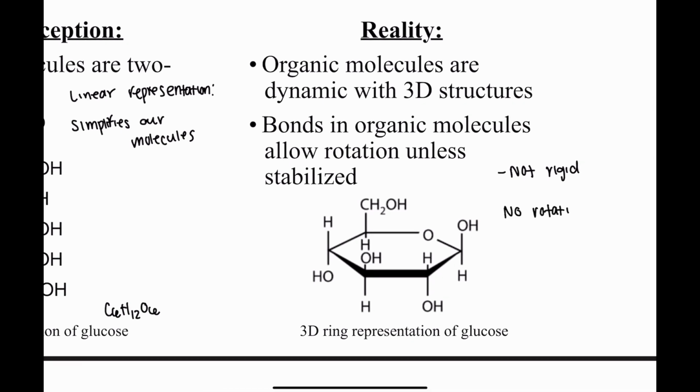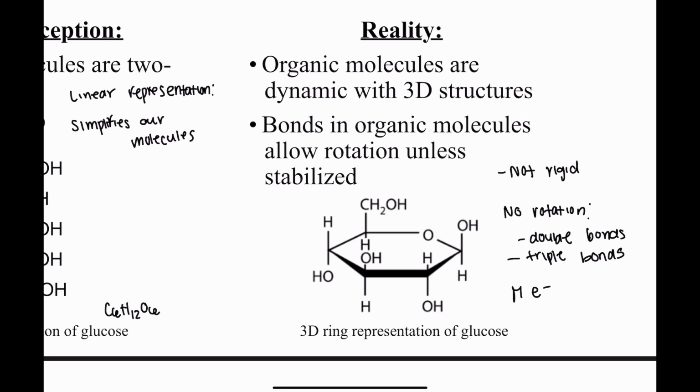So there is no rotation when there are double or triple bonds. Bonds, when they are double or triple, don't allow rotation because they have something called pi electrons. And these pi electrons create a planar structure and lock those atoms in place.